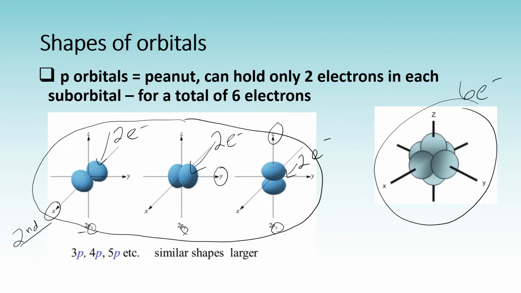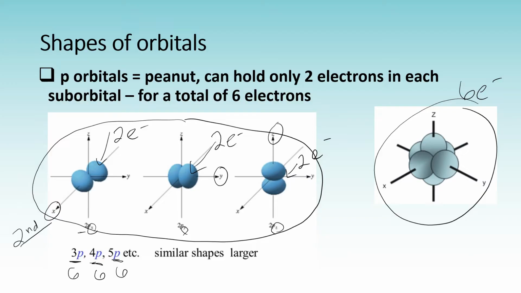So we can get 3p electrons, so that would be 6. We can get 4p electrons, that would give us 6 more, 5p would give us 6 more, all the way up to 7p. Now, this one starts at the second energy level. There is no 1p orbital, all right? So for our first one, we have 1s, 2s, 3s, 4s, and it continues up.